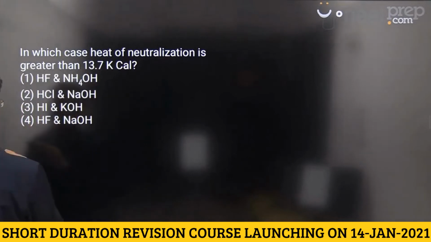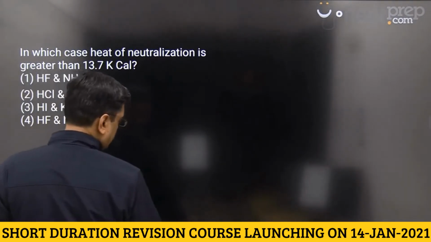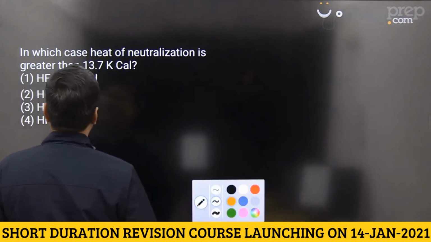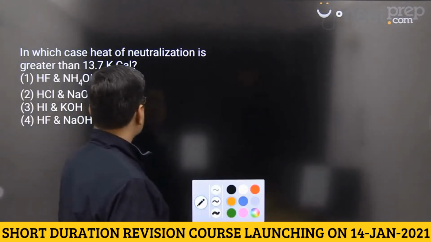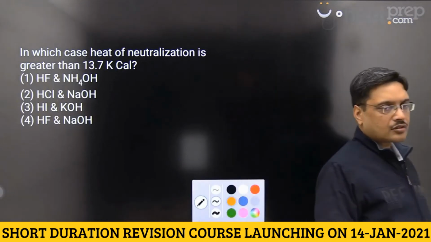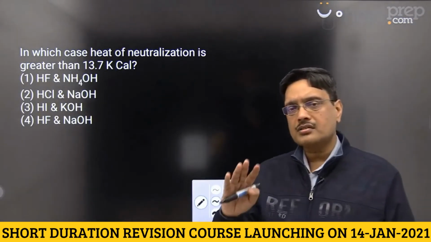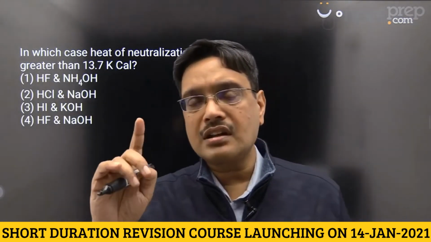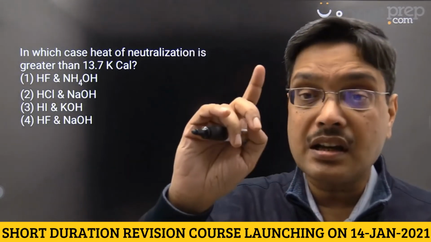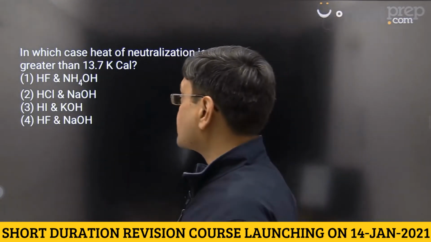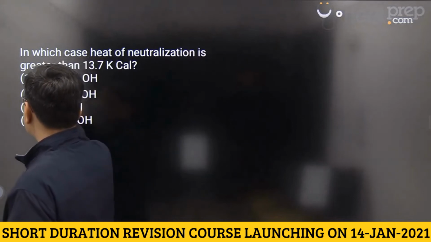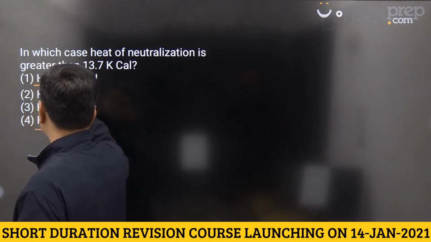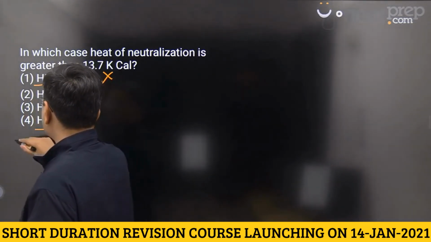It is already done in the concept: in which case is heat of neutralization greater than 13.7 kilocalorie? You must remember it is always so in the case of HF only, with HF and a strong base. Here HF is given in 2 options, but here it is a weak base, so this is not the option.